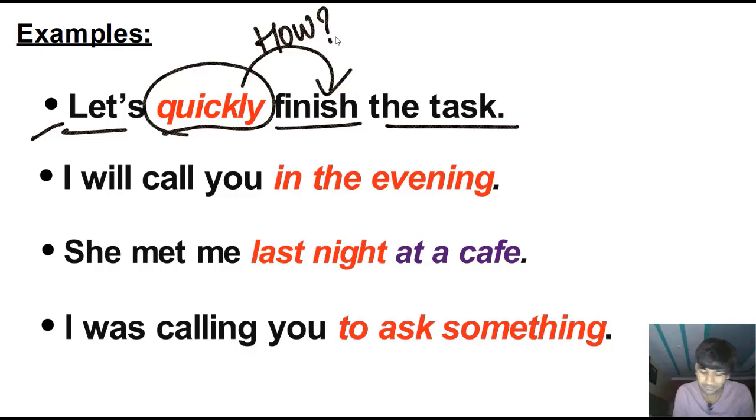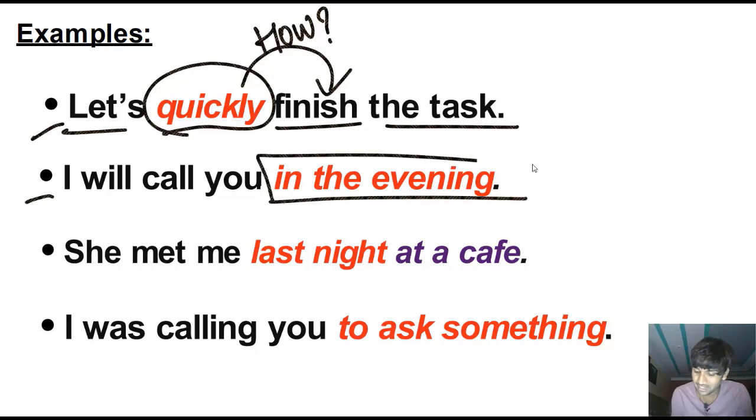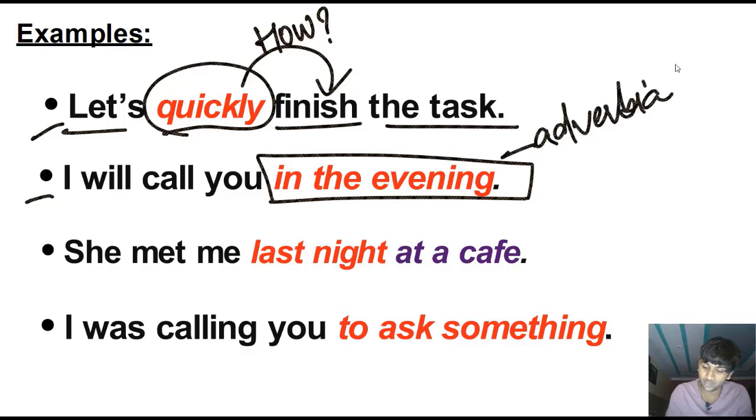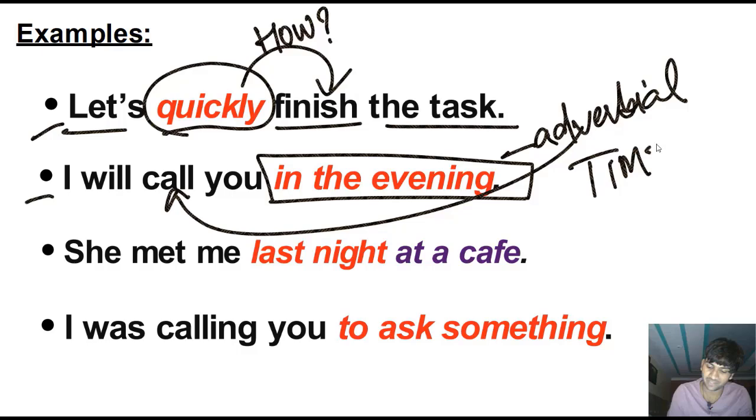Quickly. All right. Second example, I will call you in the evening. I will call you when? In the evening. So this phrase in the evening is an adverbial, giving information about the verb call, telling us the time of the action. When will I call you?